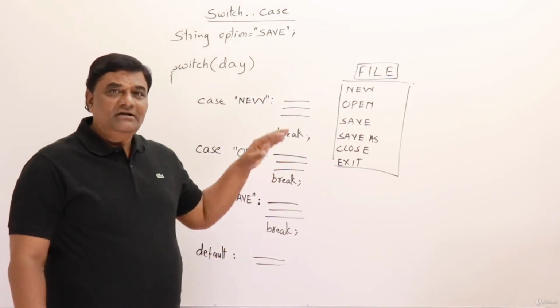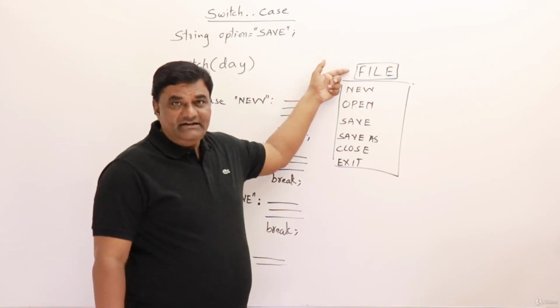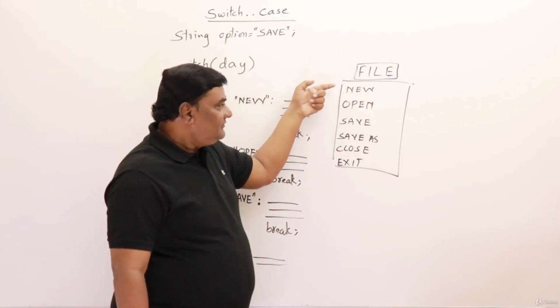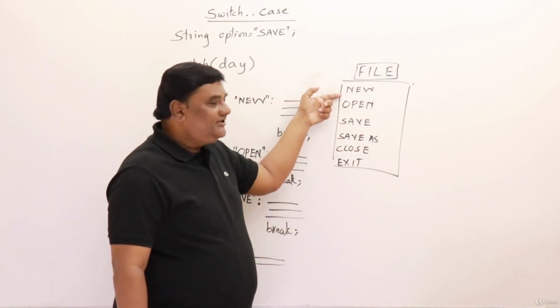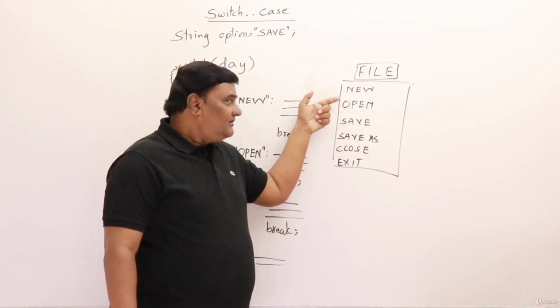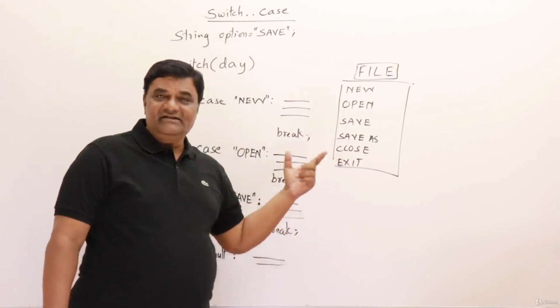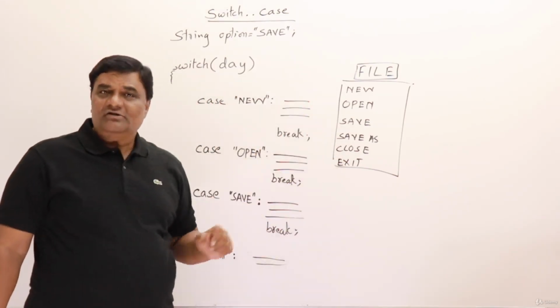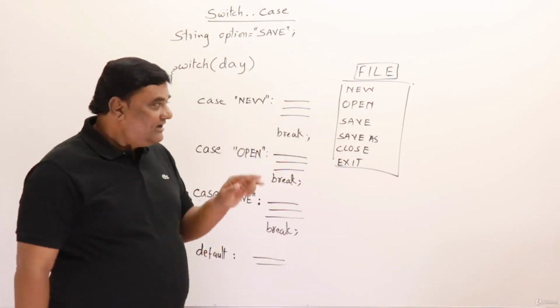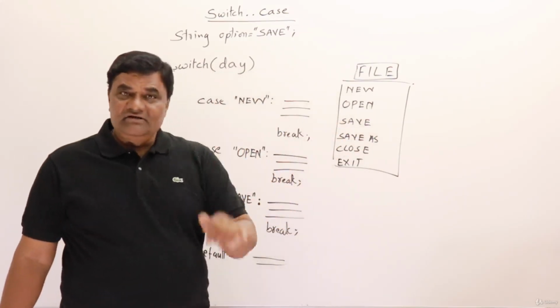We will find some menu options on the top. So one of the menu that is commonly found, that is file, and if you drop it down, you will find various options inside, like new, open a new file or new project, whatever it is, or open the existing one, save or save as, or close or exit the application. So these options are commonly found. How they work? We'll click on particular option and only that thing works.